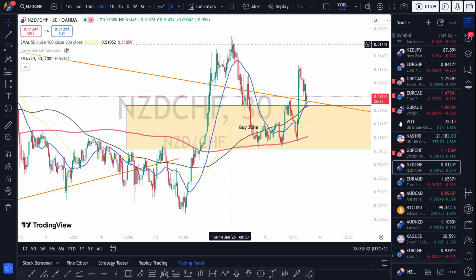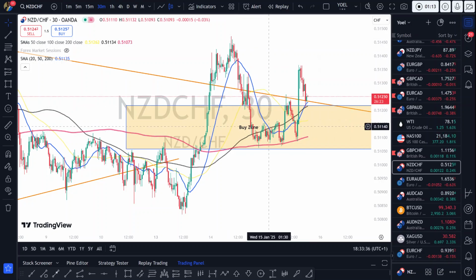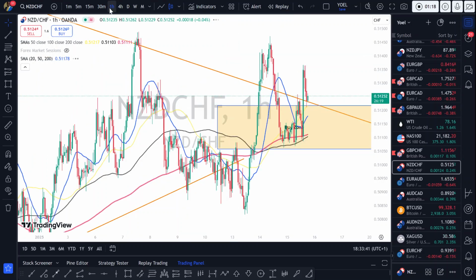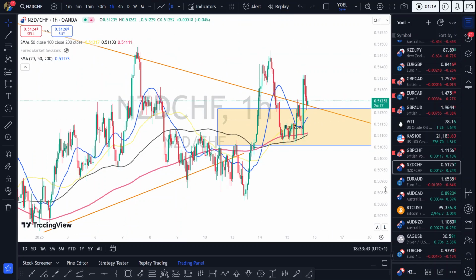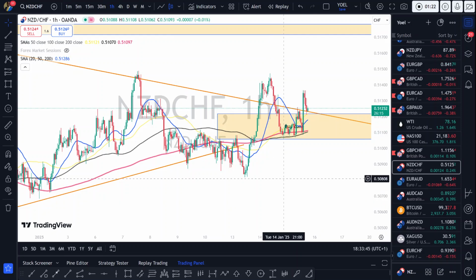I gave a signal that when the price comes around this area, we should buy. So now, why did I come to such a conclusion? How did I know that we can have a buying opportunity around that area?